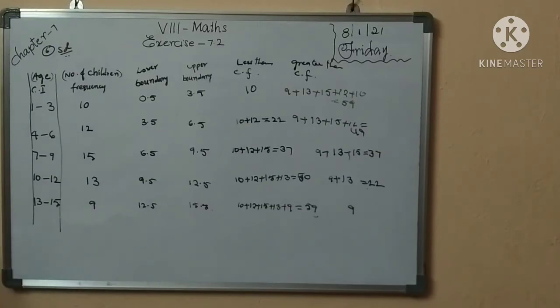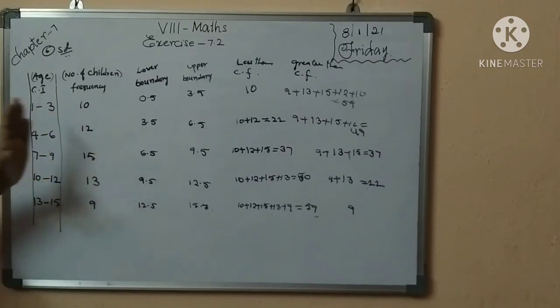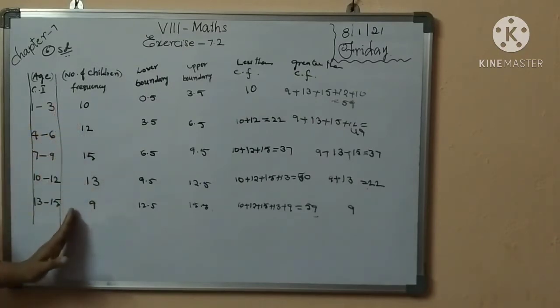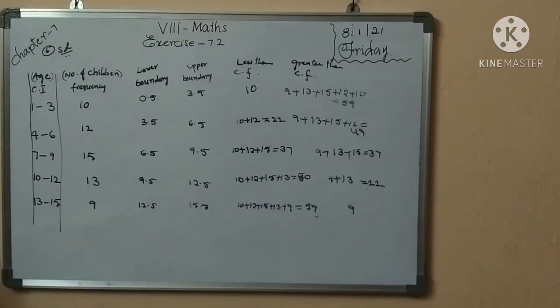Okay children, so once again I will explain the sixth question solution. Find the boundaries and the less than and greater than cumulative frequency values. Observe that first the class intervals are given, these are ages. Next, the number of children is the frequency. For the lower boundary, we take the left side values of the class interval and subtract 0.5, and for the right side values we add 0.5.